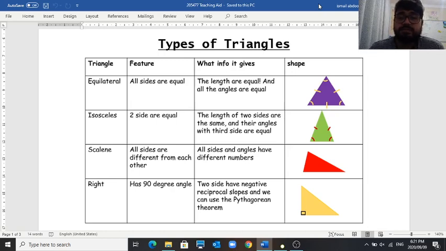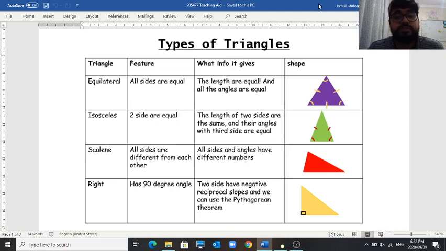The first we're going to look at is triangles, and the second is quadrilaterals, which are two-dimensional shapes that have four sides, as opposed to our triangle, which has three sides.